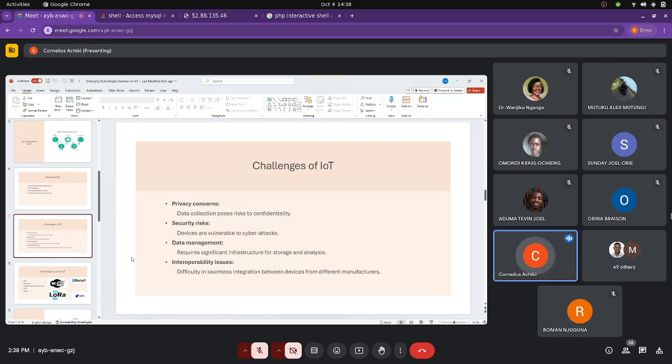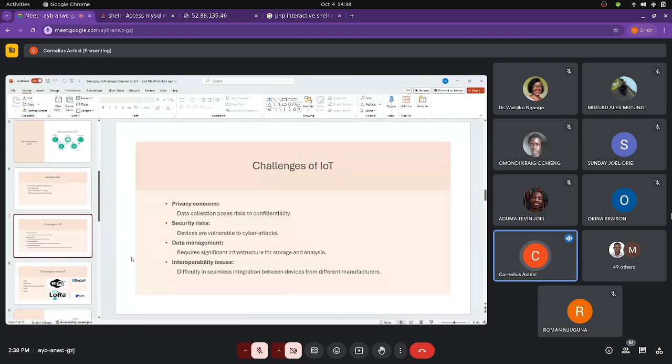And then there are interoperability issues. What we mean by interoperability is you have devices made by, let's say, different vendors. You have Huawei who have their own devices. You have Cisco who have their own devices. You have IBM who have their own devices. You have HP.